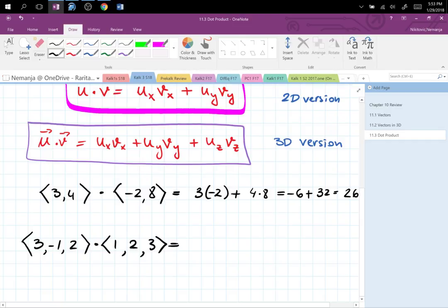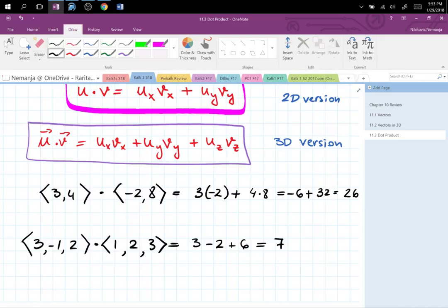So 3 times 1 is 3, minus 2, plus 6, 7. Good. So we know how to compute the basic dot product. And now let's go a little bit deeper into the concepts here.